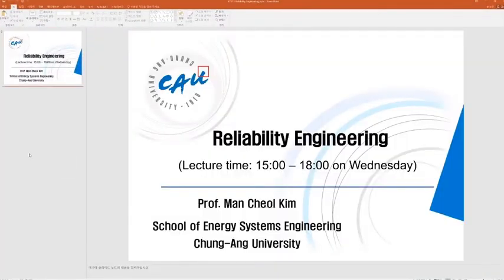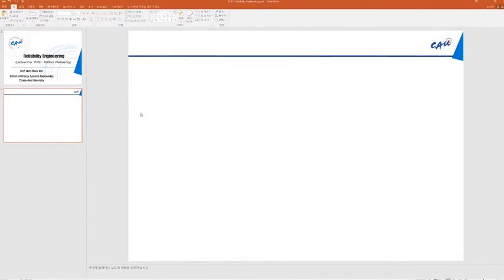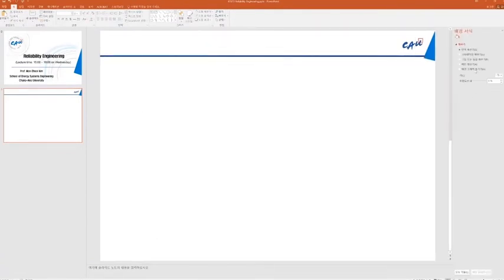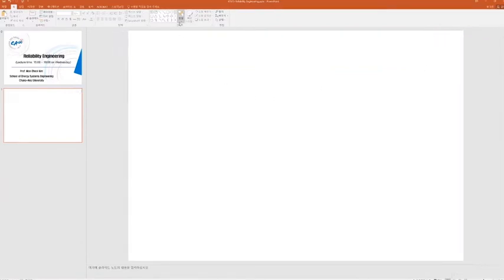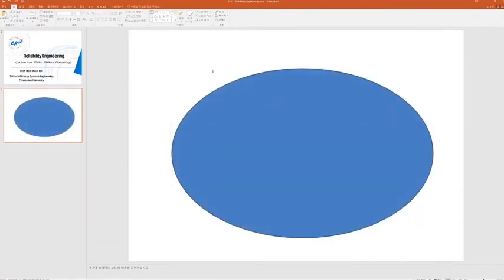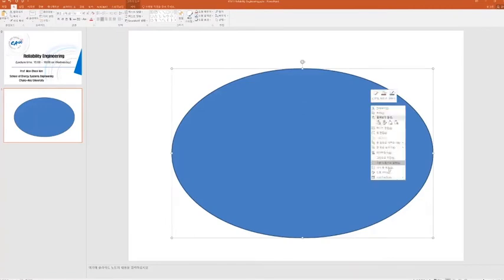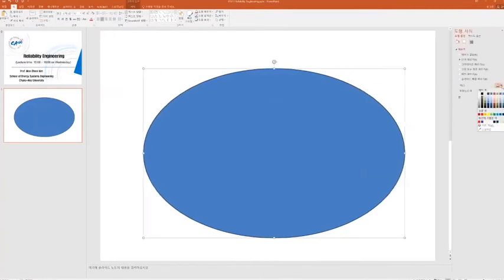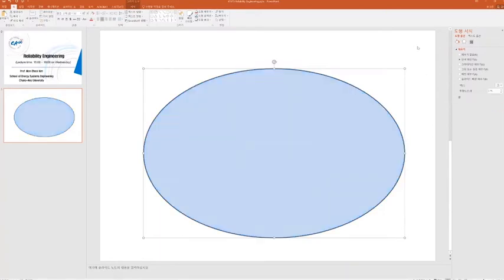Maybe if we draw a figure, let's assume that this is the population, capital N. So there are N items in the population.